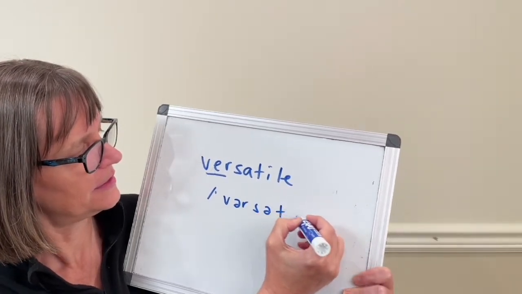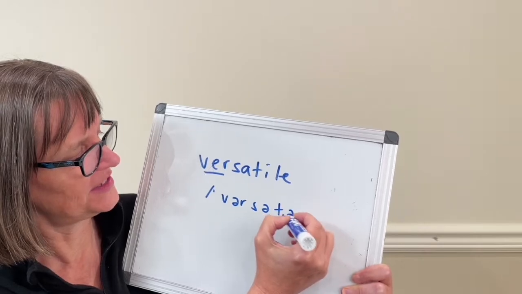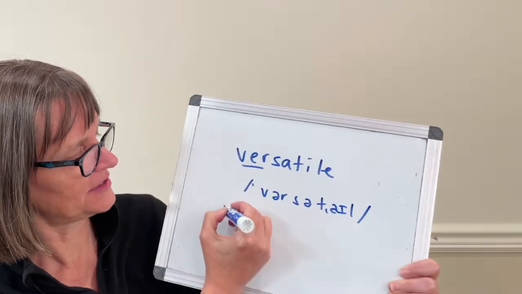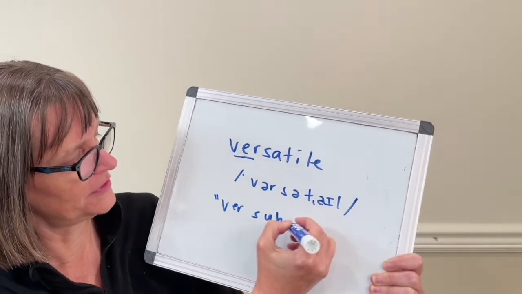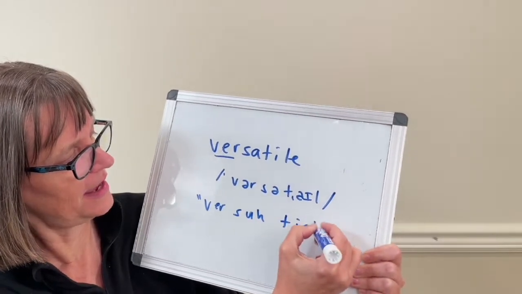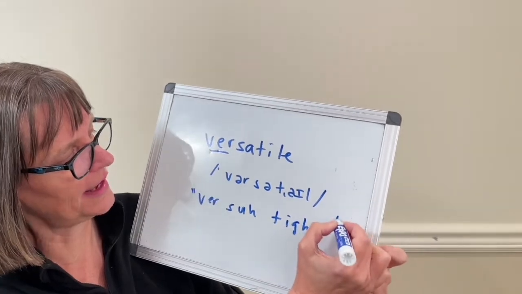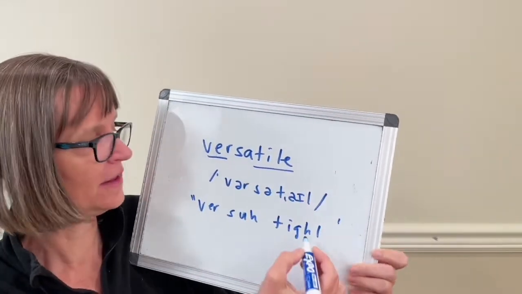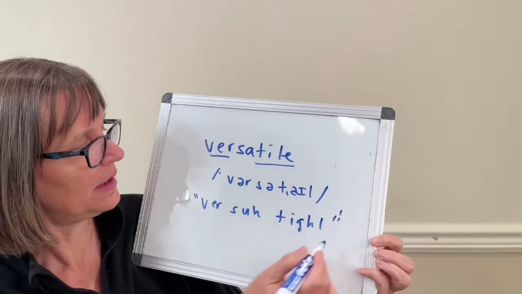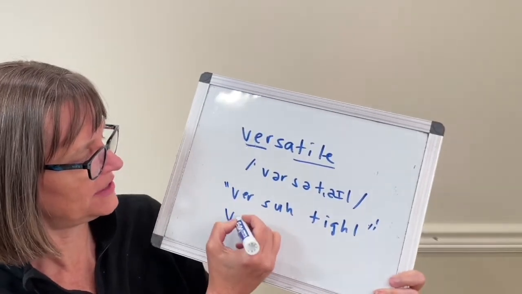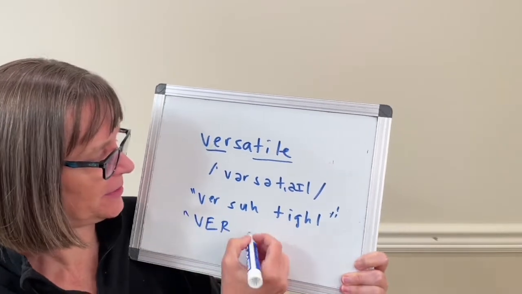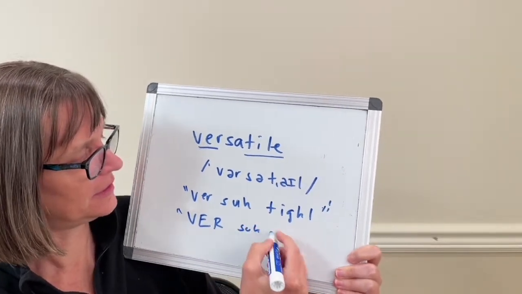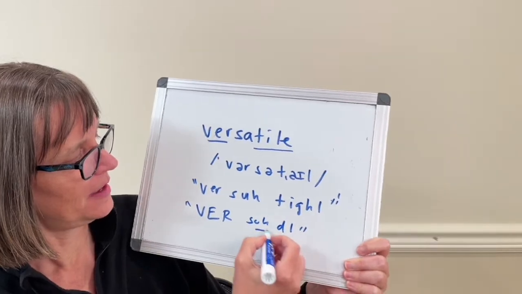So it either has secondary stress on the last syllable, and it sounds like versatile. Versatile. Or like tile, like the word tile. Or I think maybe more common, we tend to reduce that last syllable, and it sounds more like versatile.